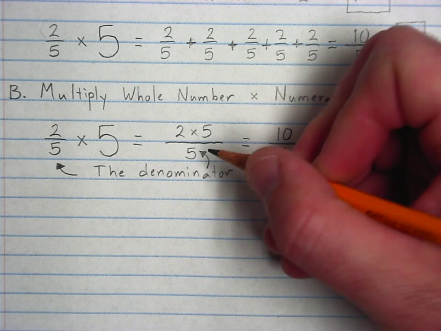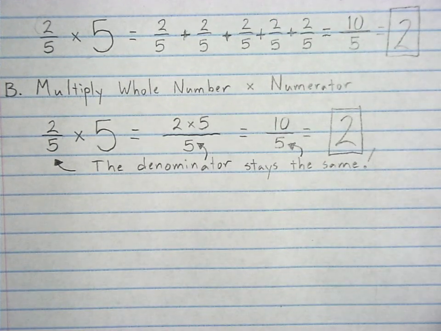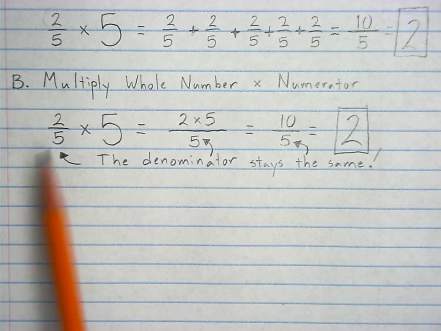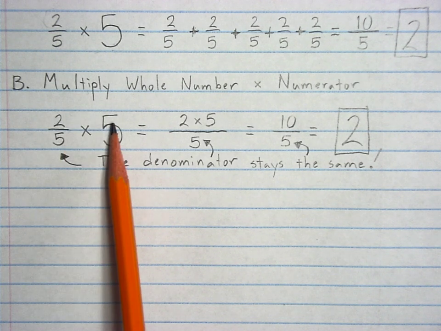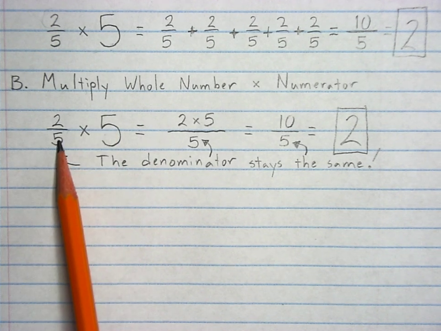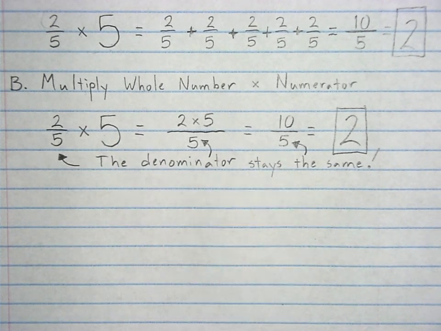But for right now, just remember, if you're using this strategy and you are going to practice it in class, multiply the numerator times the whole number, but the denominator carries over. That stays the same.